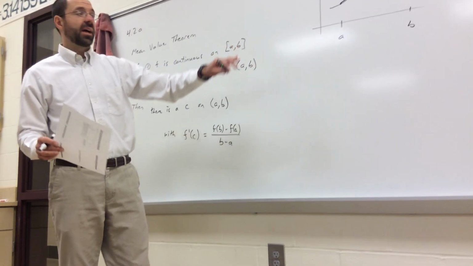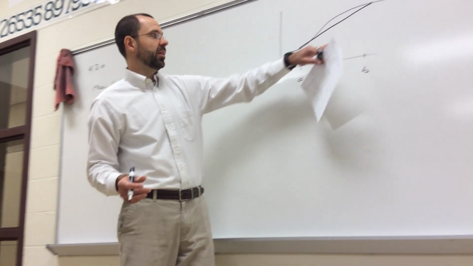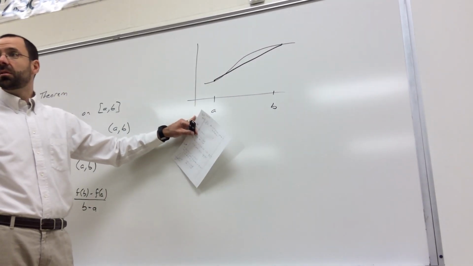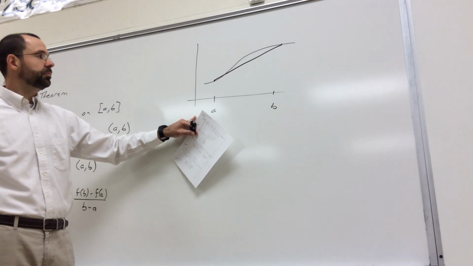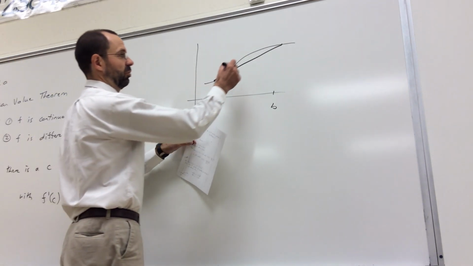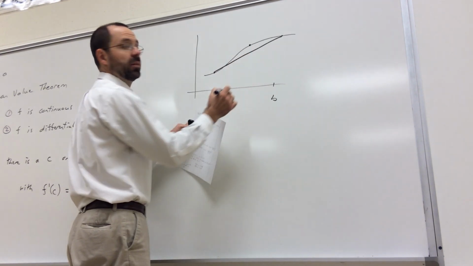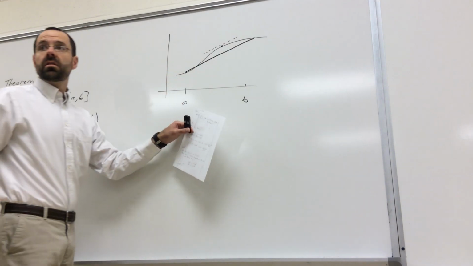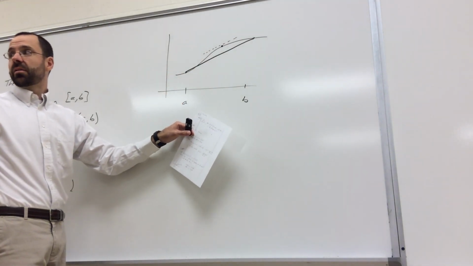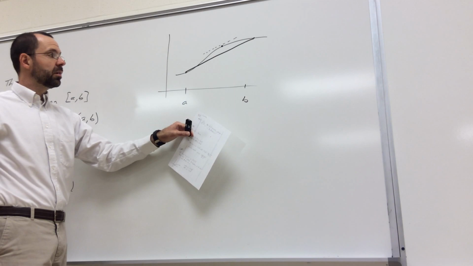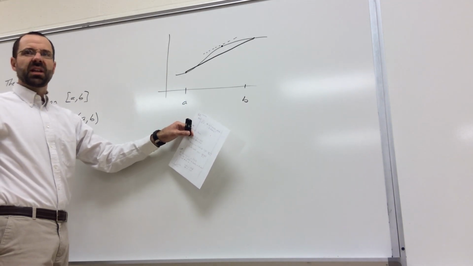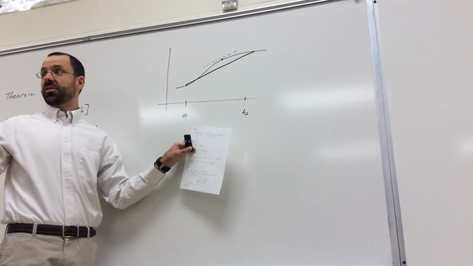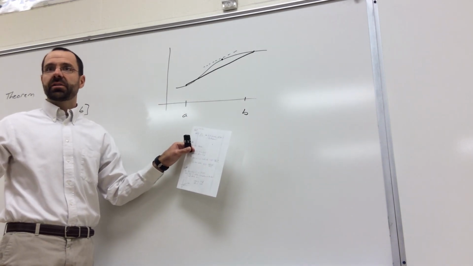So try to picture where that is. Where on here is the slope at C equal to that slope? So it looks to me like right about here, the slope of the tangent is equal to the slope of that other line. And also, I guess there could be a second place. This theorem doesn't say there's not two, it just says there is one at least.